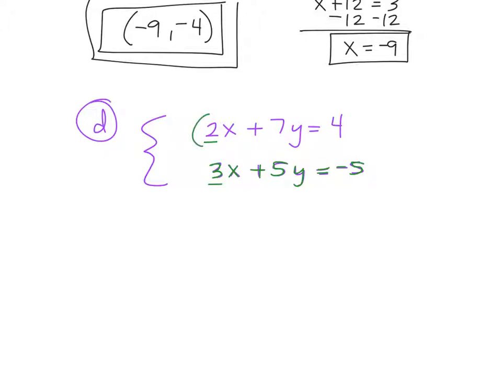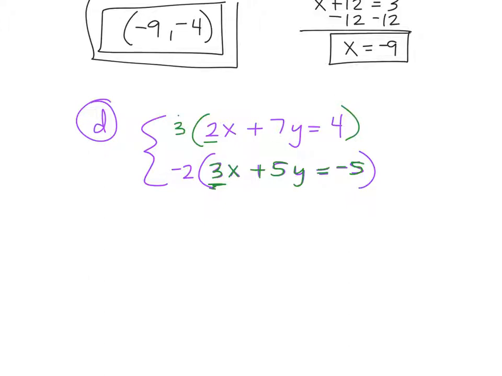So I would take this whole thing and multiply by 3, because that's this number. And then I would take this whole thing and multiply by what? Not 2, -2, because we want them to be opposites of each other, right? So multiply it by -2.